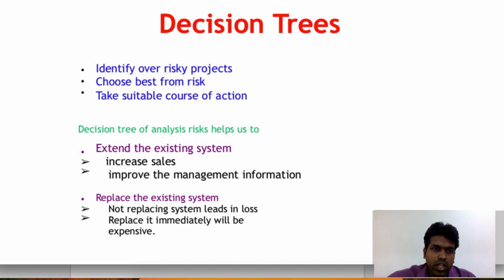So either we can go for extension of the existing system, or we can replace the existing system with a new one. The second approach is very costly as well as time consuming. So generally we should go for the first one, that is extension of the existing system. That will increase the sales as well as improve the management information.